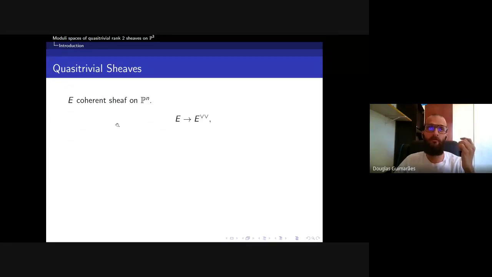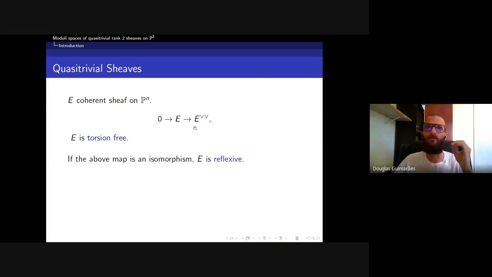For every coherent sheaf on Pn, we have a canonical map to its double dual, and we say that E is torsion-free if this map is injective, a monomorphism. If this map is an isomorphism, then we say that E is reflexive.